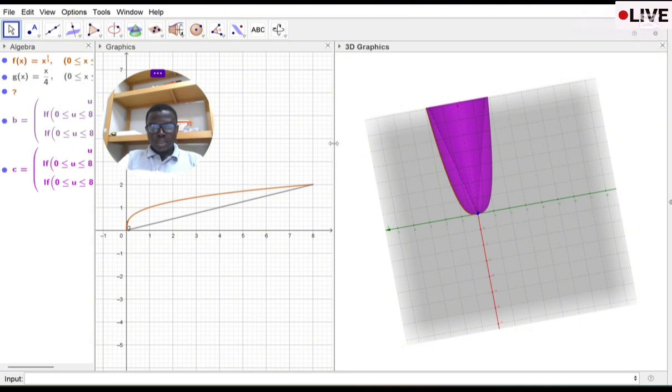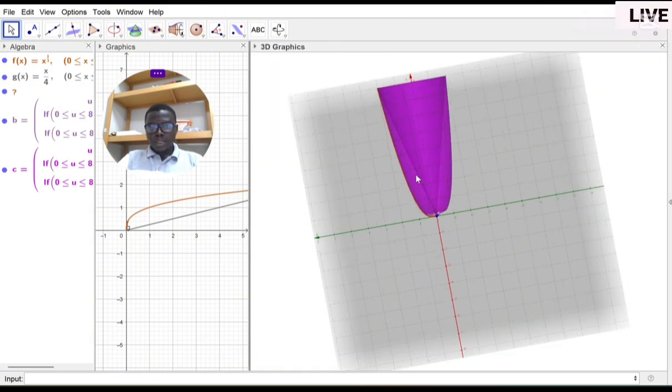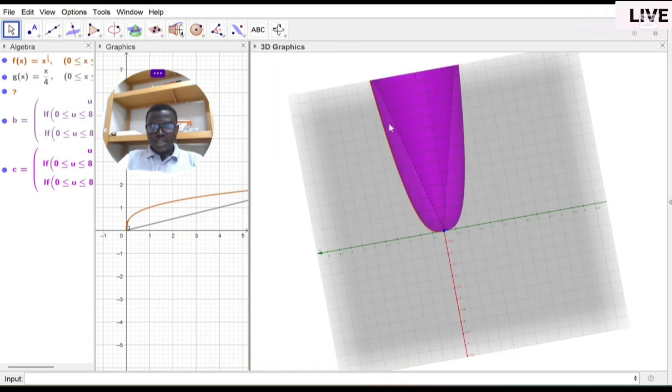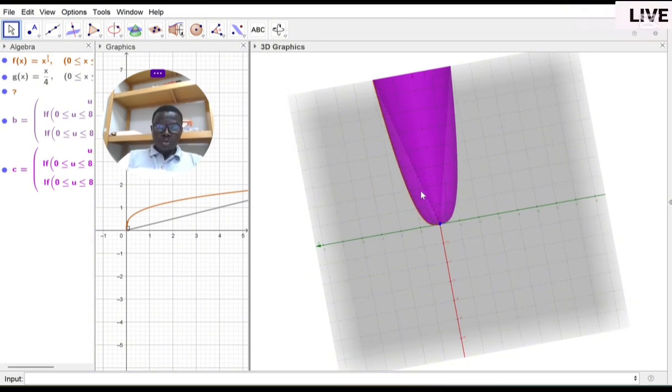Yes, so you can see that this is the volume that we are interested in, because when we use the washer method, the disc washer method, we approximate this whole figure into circular discs, and after approximating into a circular disc, we use the outer radius squared minus the inner radius squared, multiply by this one, and find the integration over that particular expression, and you find the volume of this particular figure. So this is a simple way of revolving a function along the x-axis.